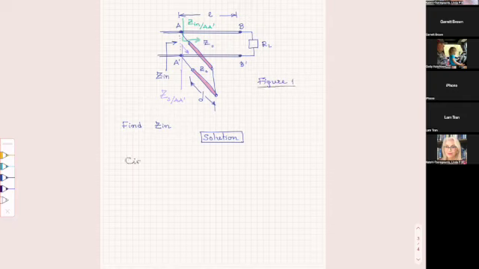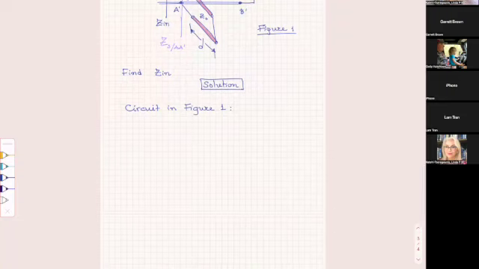So the circuit in figure 1 then becomes, okay, this is A and A prime.